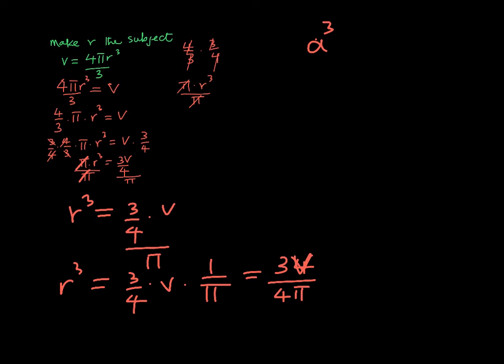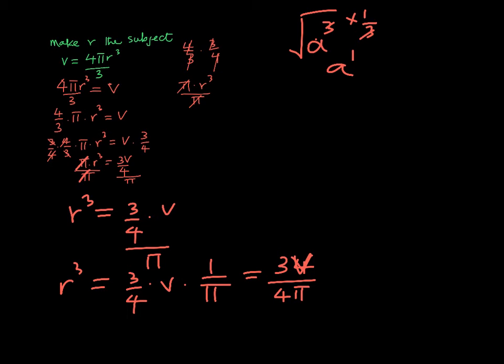Well, you can multiply the power by 1 over 3. If you multiply the power by 1 over 3, that leaves you with r raised to power 1. So what is the process of multiplying by the power of 1 over 3? That's cube roots.